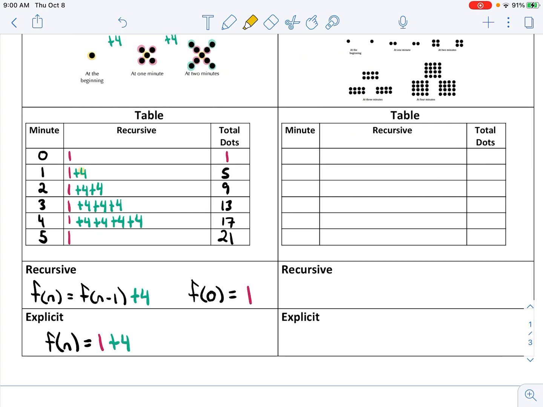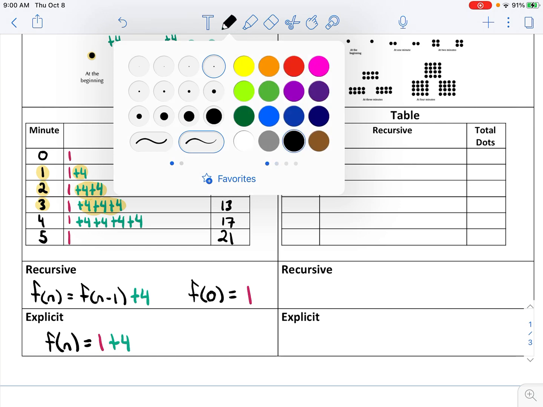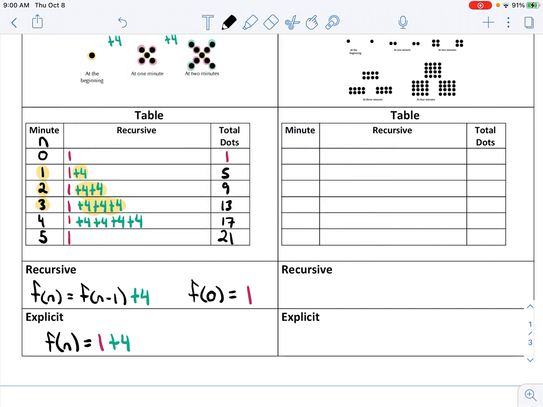So for example, we added 4 1 time at 1 minute, 2 times at 2 minutes, 3 times at 3 minutes. So that's going to directly relate to our n value. So we're going to call that just n.